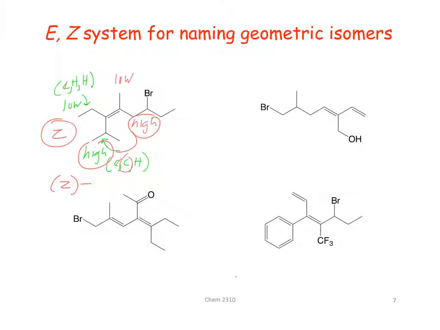Okay, so let's look at the one in the upper right. So how many of these double bonds could have an E or a Z? All right, only the middle one, right? Because this one here on the end has two hydrogens.